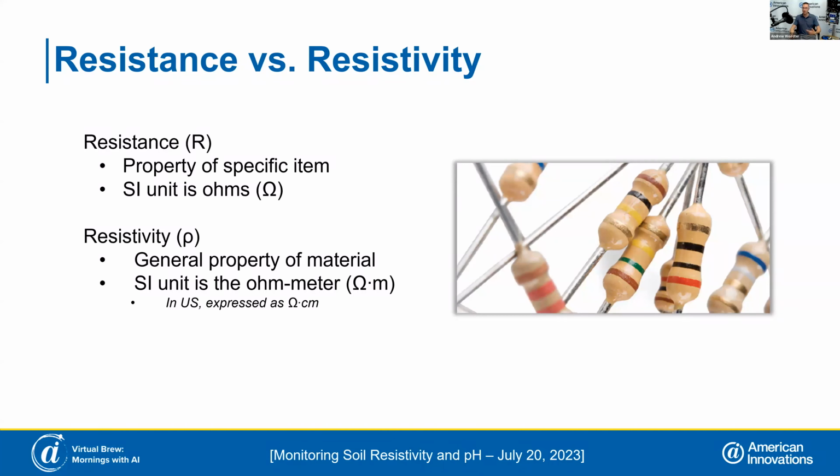The SI unit for resistivity is the ohm meter, indicating the resistance across a length of that material. The symbol that you typically see for resistivity is the Greek letter rho, which looks like a lowercase, soft p.